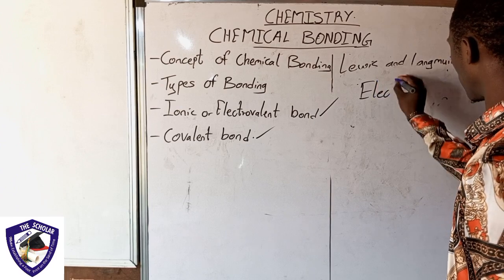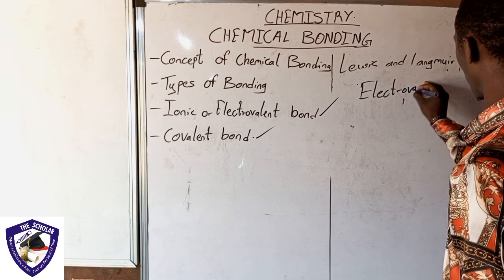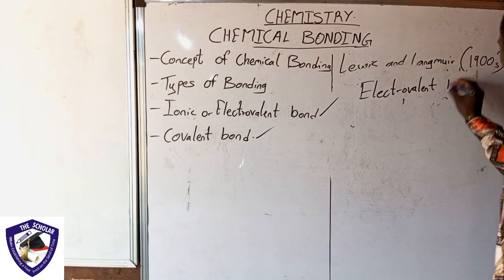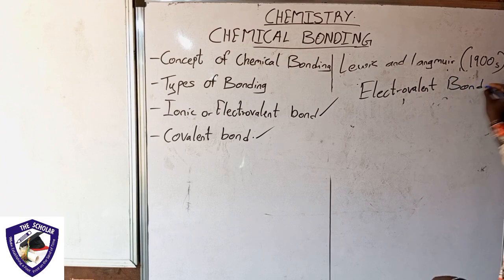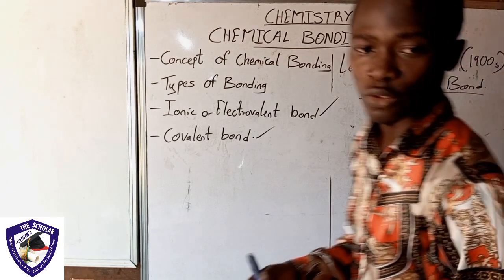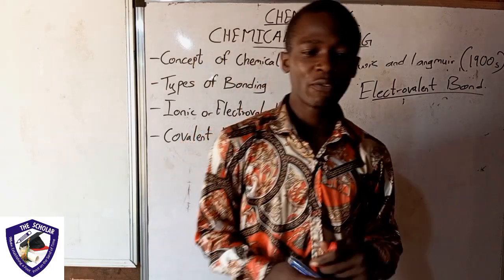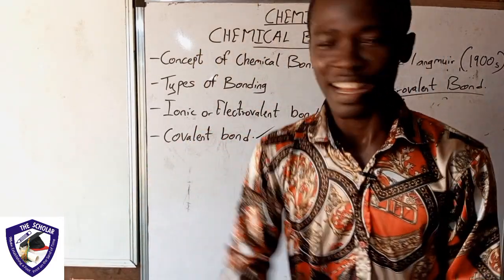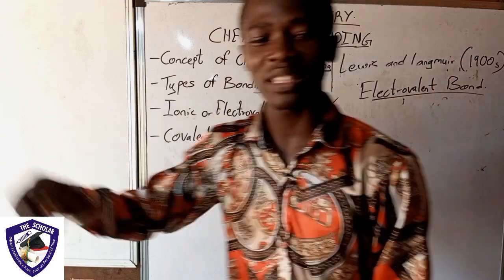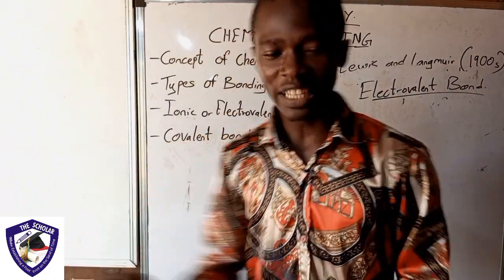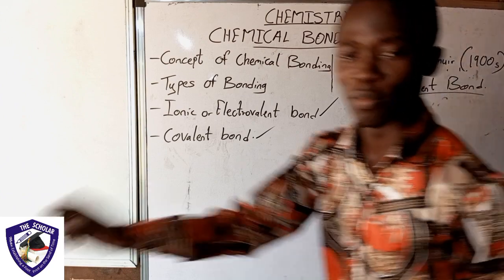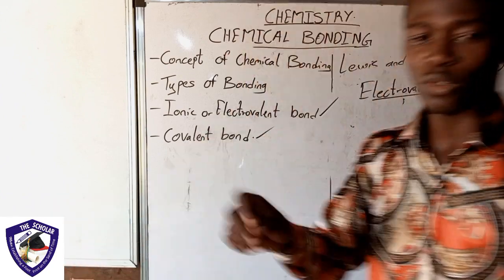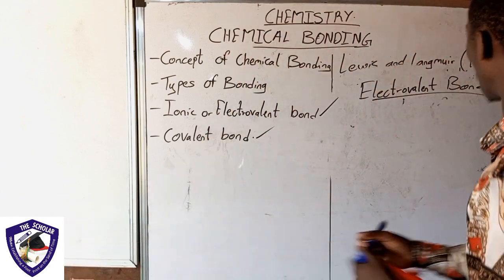Electrovalent bond. What is electrovalent bond? An electrovalent bond is formed between two kinds of atoms having a large electronegativity difference, e.g., metals and non-metals.